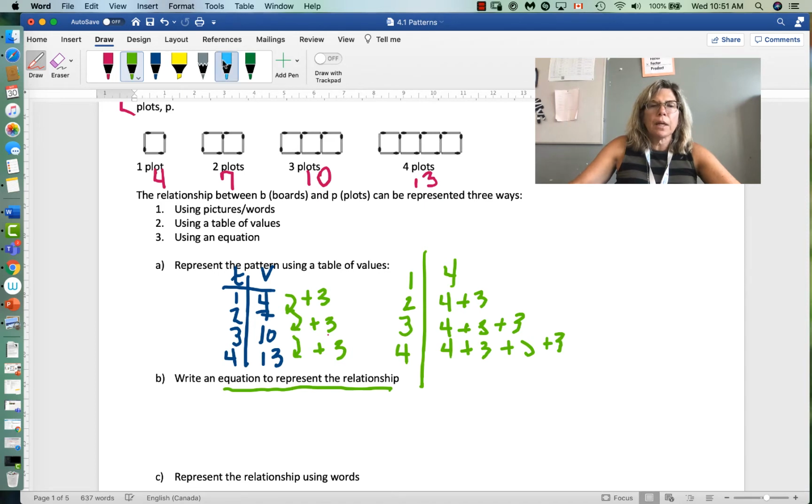And you see that you have 3 3s on the 4th term and 2 3s on the 3rd term. So the number of 3s you're going to have is going to be 1 less than the term you want. So suppose we try for term 5. Term 5 would be 4 plus 3 times 4.